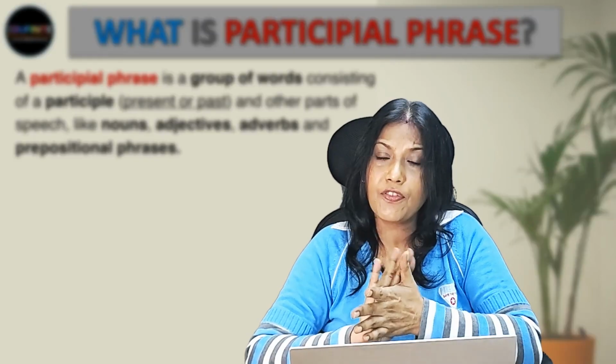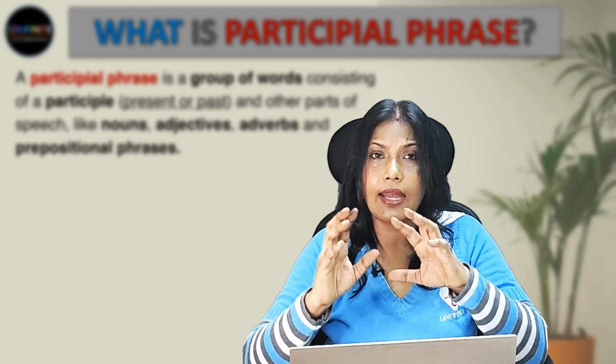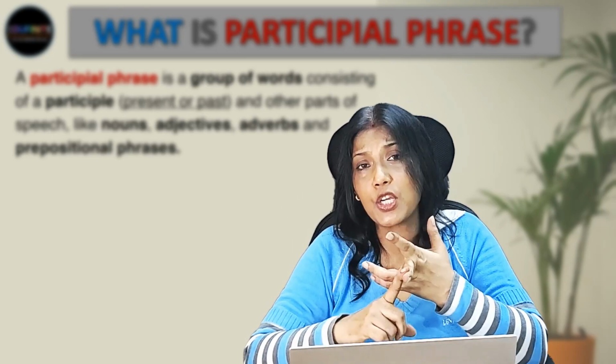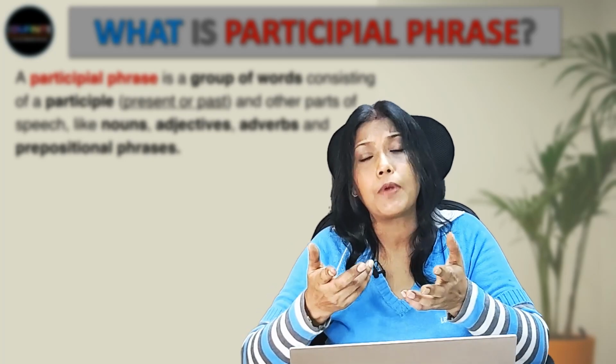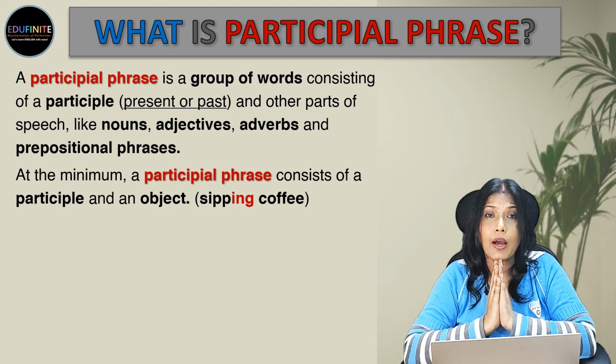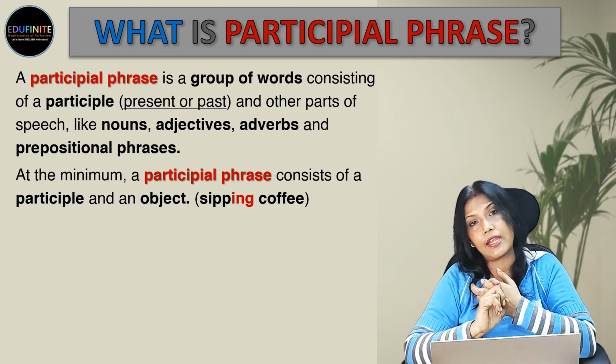So a participial phrase is a group of words that will consist of a participle, definitely, and along with it, since it's a group of words, it can have a noun, an adjective, an adverb or a prepositional phrase. At the minimum, the participial phrase consists of a participle and an object.